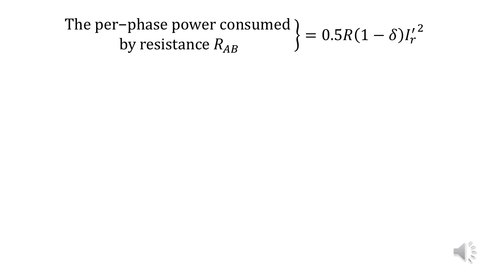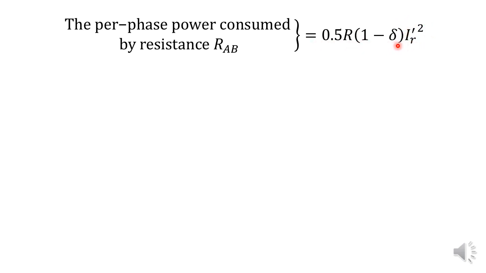So the per phase power consumed by resistance RAB, after substitution, we will get the equation like this, that is 0.5 into R into 1 minus delta into IR dash square. So in this equation we can see that the power consumed by the resistance is equal to IR dash square, that is rotor current, into this term.